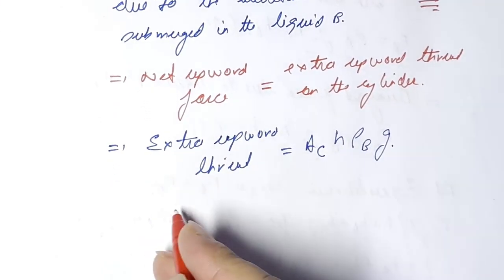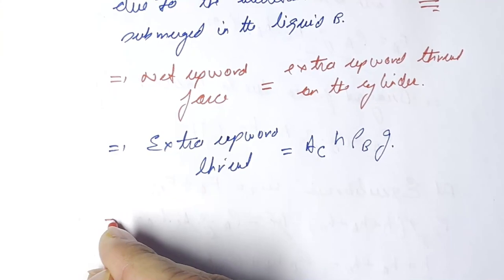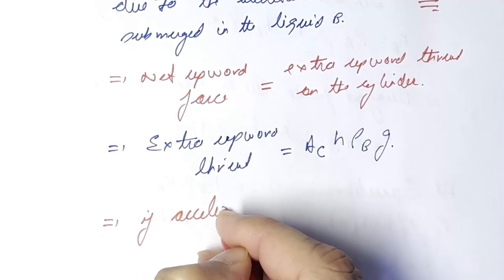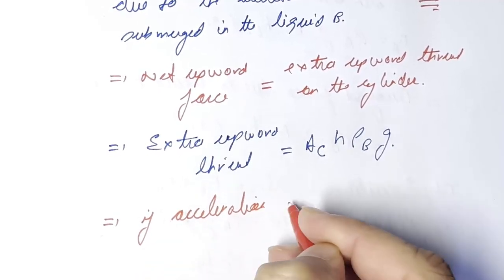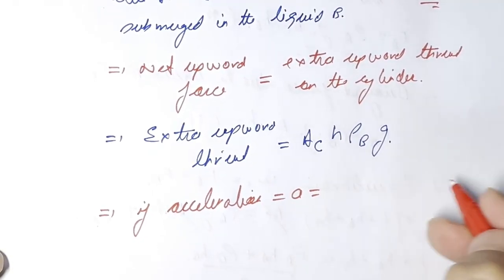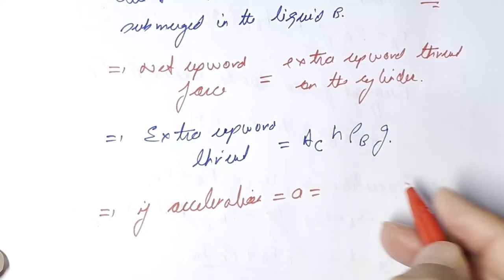And if the acceleration is given as A, then this A will be equal to the net upward force divided by the mass of the cylinder.